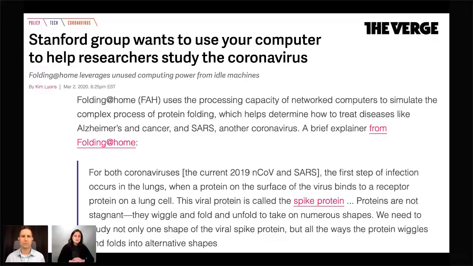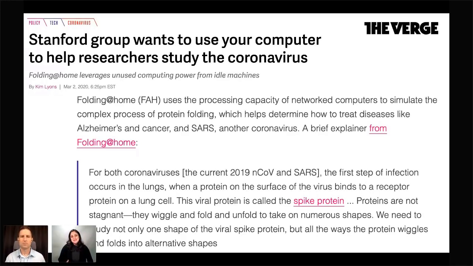And it takes an extraordinary amount of computational power to do this. But as you can see here in the quote at the bottom, for coronaviruses, the first step of infection, that protein on the surface of the virus, that's that spike protein we've been talking about, binds to that receptor, the ACE receptor on the lung cell. But the problem is it doesn't just have one single shape. It keeps changing its shape.